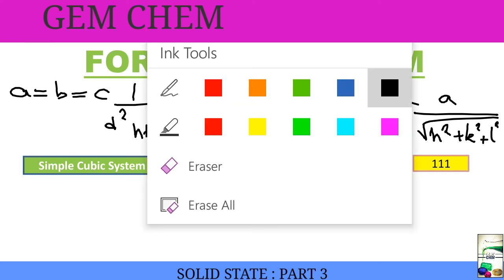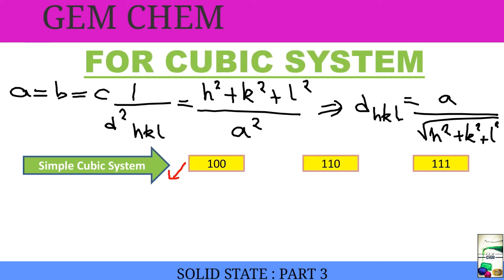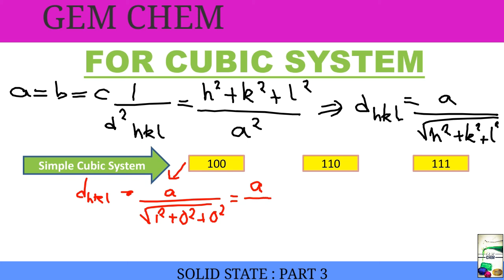So now the interplanar distance d_HKL for this is a by root over 1 square plus 0 square plus 0 square, so it ultimately comes to be a by 1. For this it will be a by root 2, and for this it will be a by root 3.